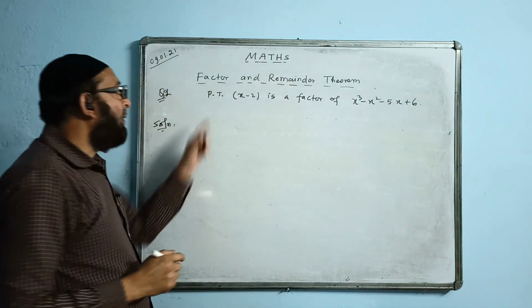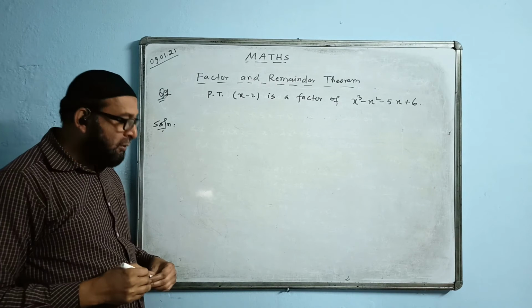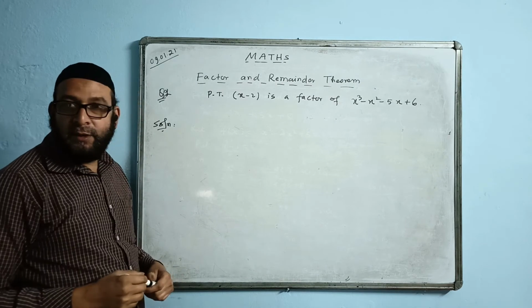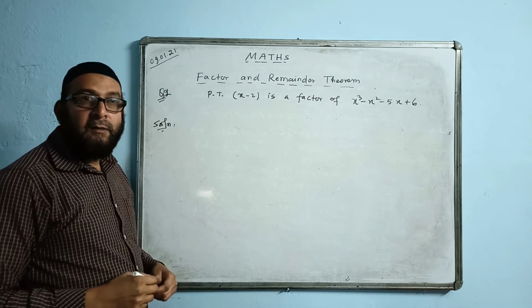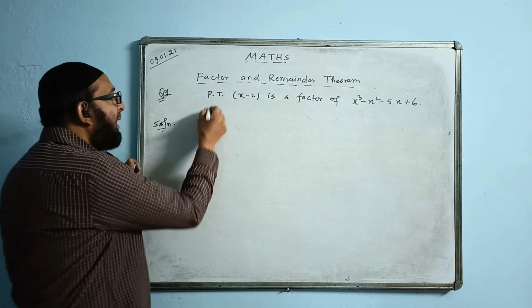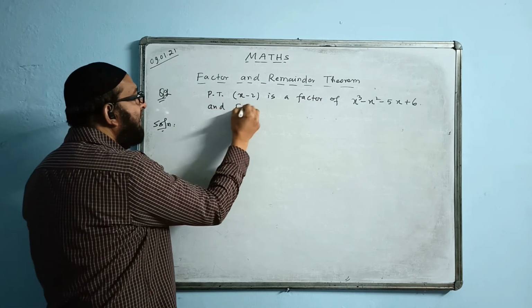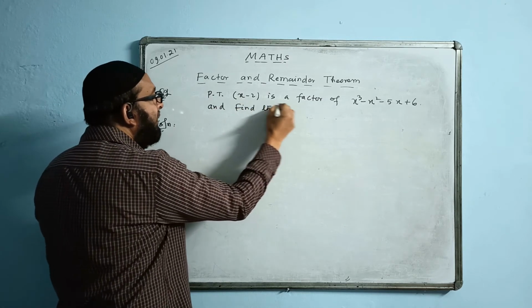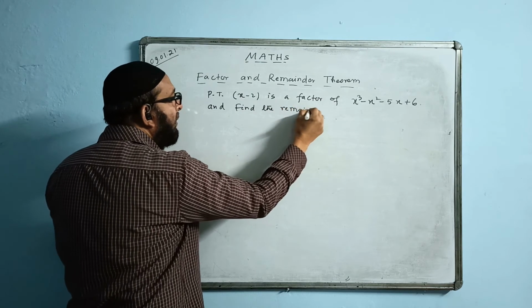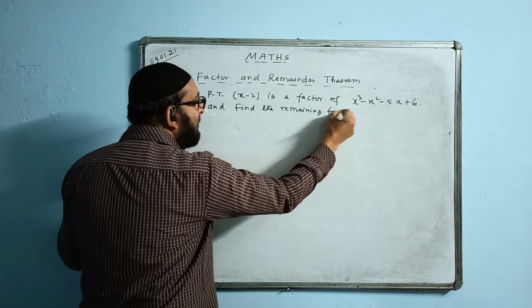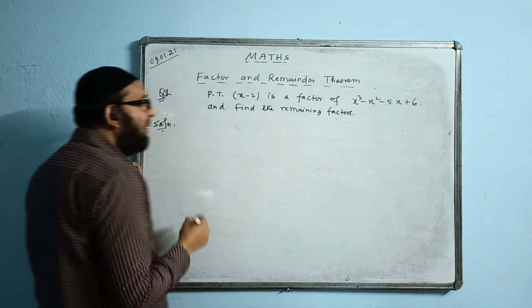That is the question. Prove that x minus 2 is a factor of x cube minus x square minus 5x plus 6, and find the remaining factors.